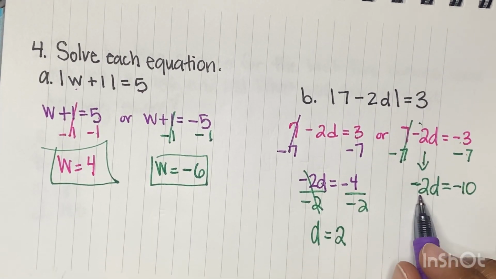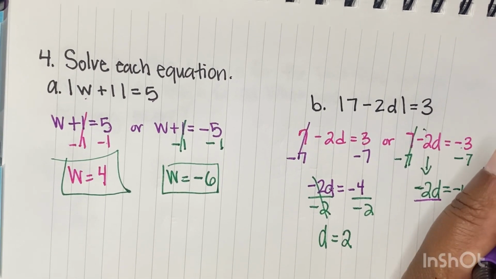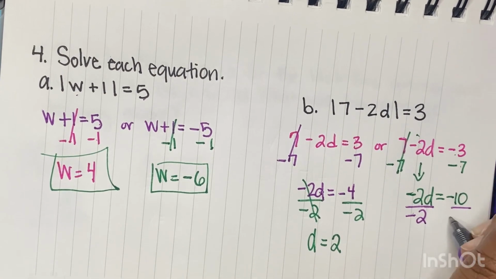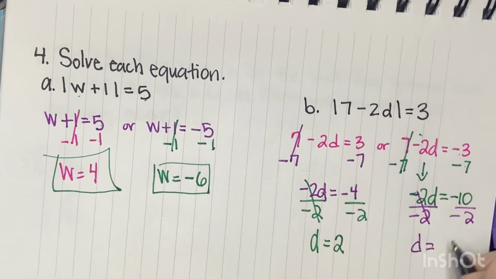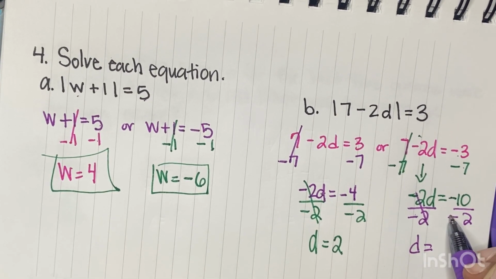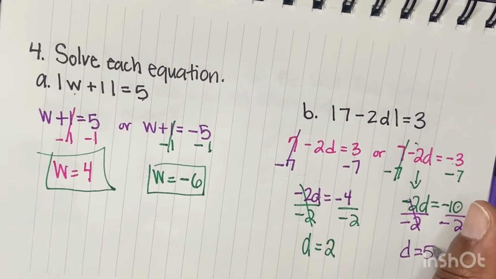And remember, whenever you have a number attached to a variable, they're multiplied. To undo, divide both sides by what's with the letter, and that would be negative 2. So d equals, a negative divided by a negative is always a positive, so 10 divided by 2 is 5.